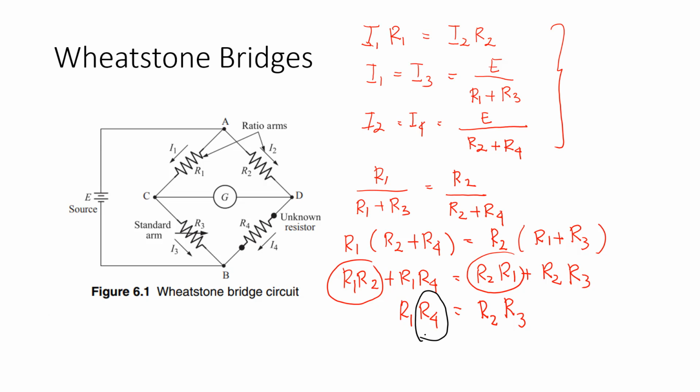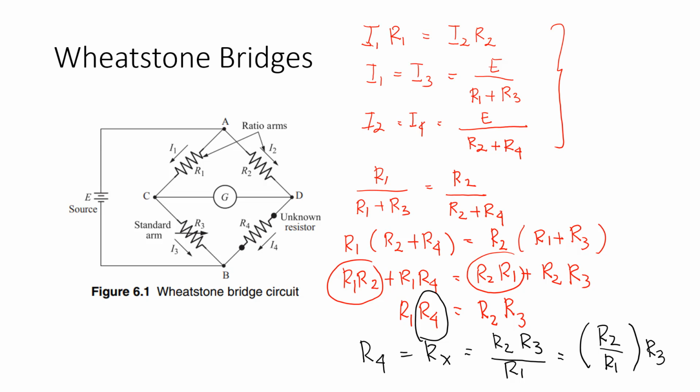So we get that R4, the unknown element, or Rx, is equal to R2 times R3 per R1, or the ratio R2 per R1 multiplied by R3.